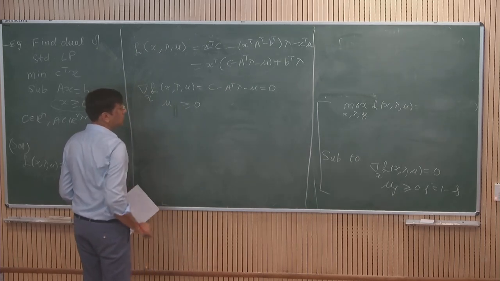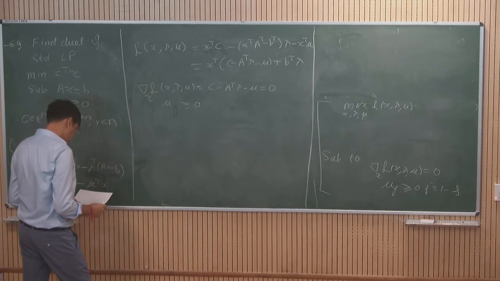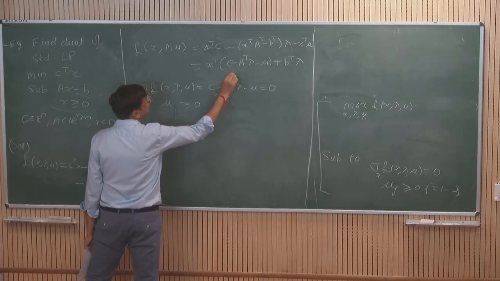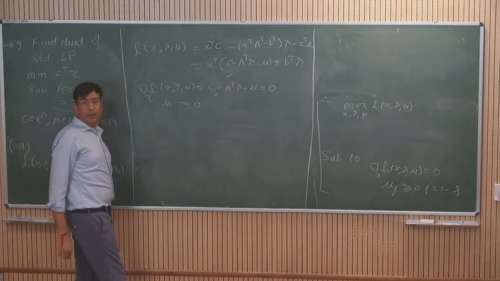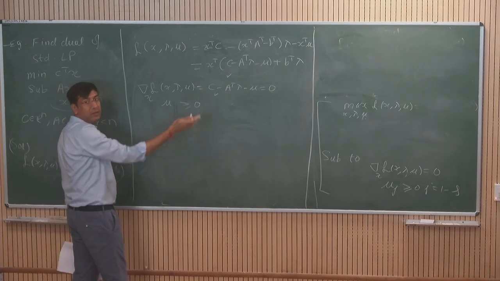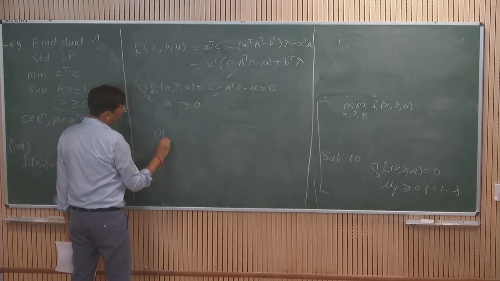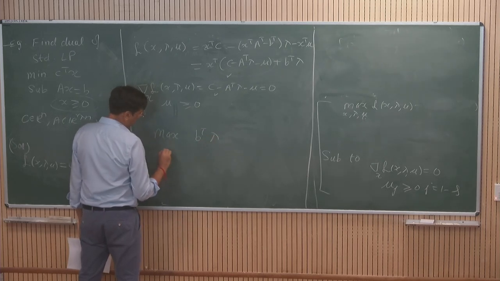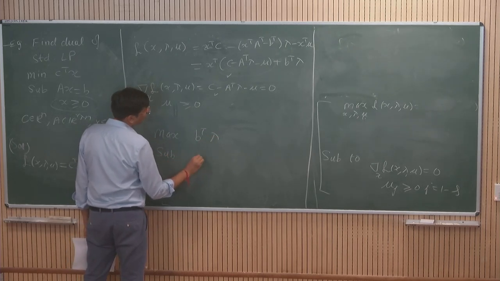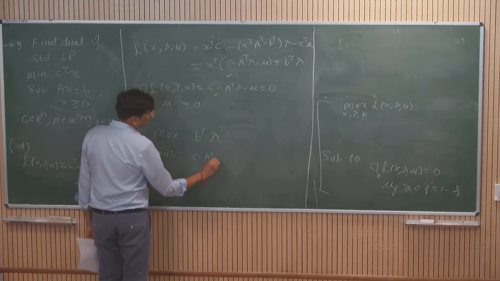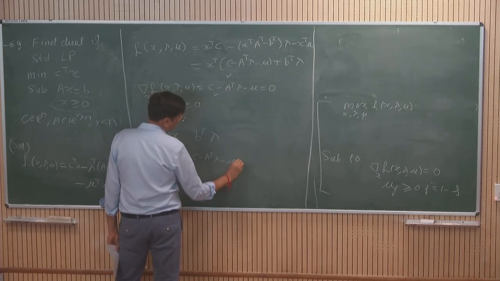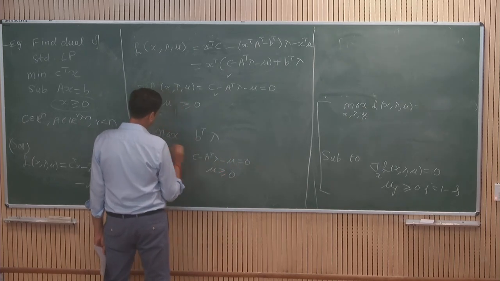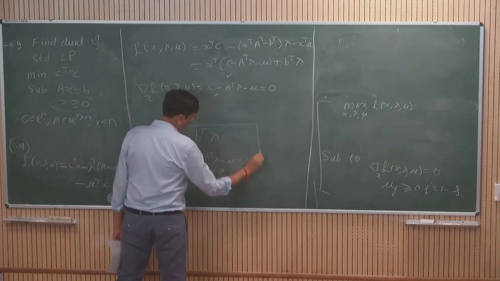Or if you want to just write mu's, that also is fine. So what I'll do, I'll take this and substitute it in this. Correct? Because I have to anyway satisfy this constraint. So your optimization problem is maximize b transpose lambda subject to c minus A transpose lambda minus mu equal to 0 and mu greater than or equal to 0. So this is your dual problem.